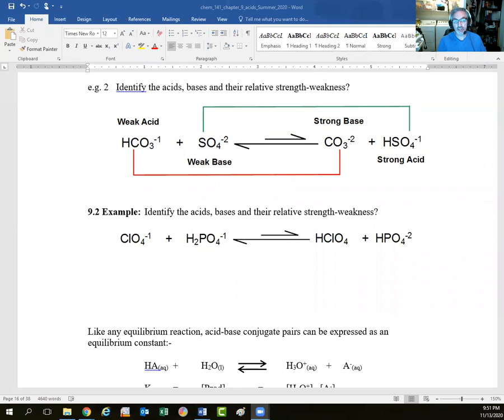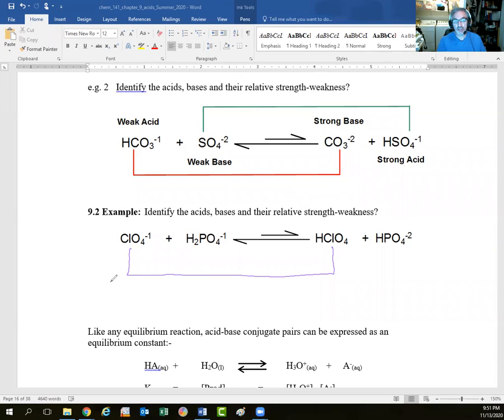All right, let's finish with this one. So let's start with the ClO4 on the left and look for its conjugate. That conjugate is the HClO4. The chemical formula only differs by the presence of the proton at the end here. Now ask ourselves, what does the ClO4 have to do to become HClO4?